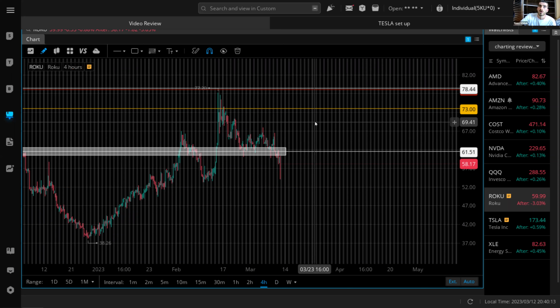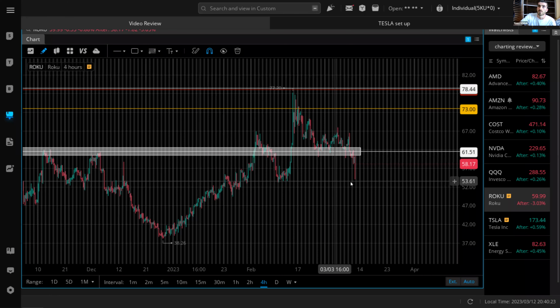So don't think this huge drop after hours on Friday will keep it down. It's a scare thing. If the bank doesn't get the funding, obviously this is going to keep going down. But with the futures looking the way they are, and the news of the money coming back, the Fed giving them what they need, Roku could push back above 61 a share and show buying pressure to hold that support zone.